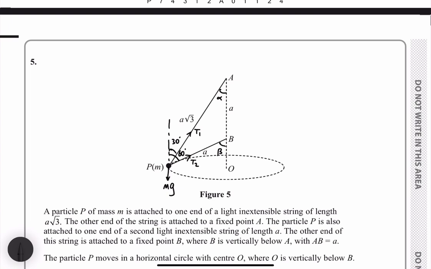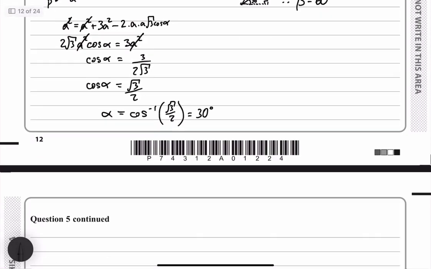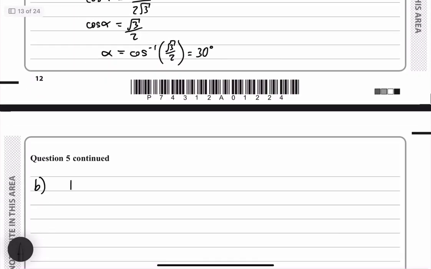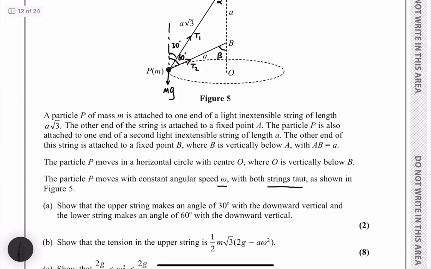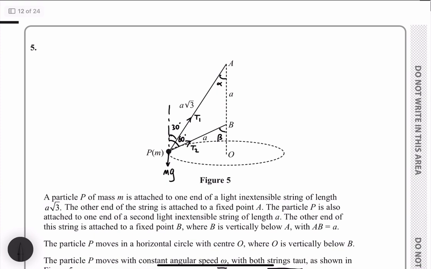So if I resolve vertically, we've got T1 cos 30. Start putting that down here. T1 cos 30, resolving vertically, plus T2 cos 60 must equal mg, the weight vertically downwards.